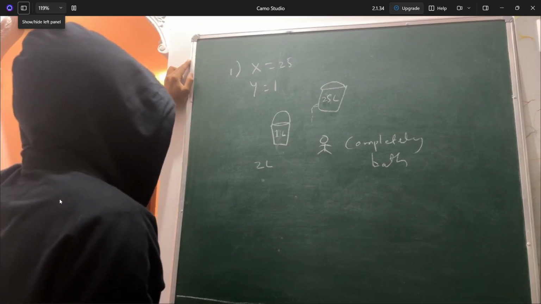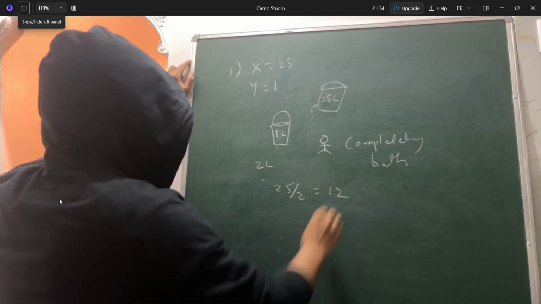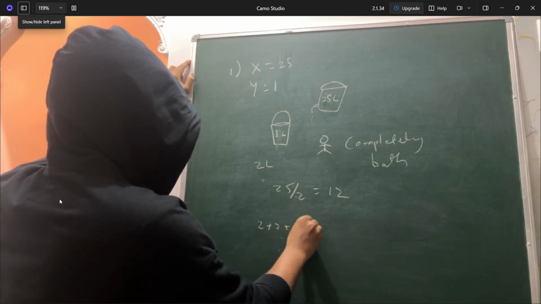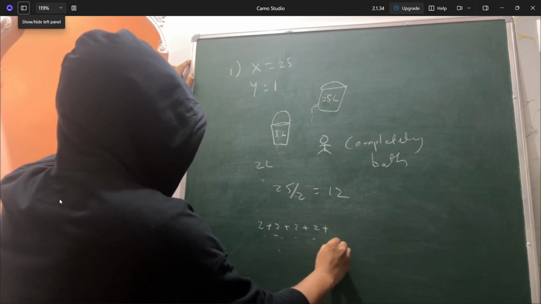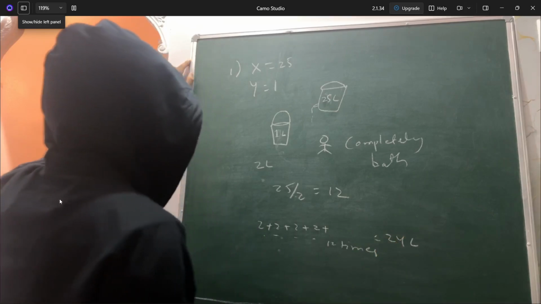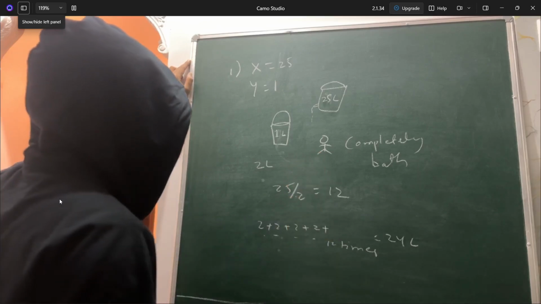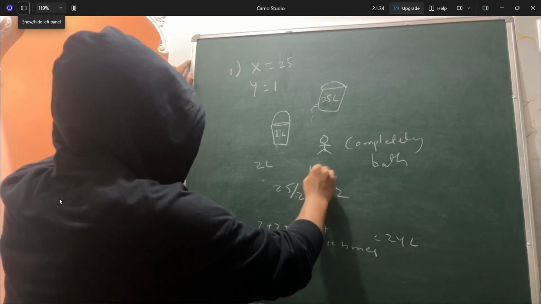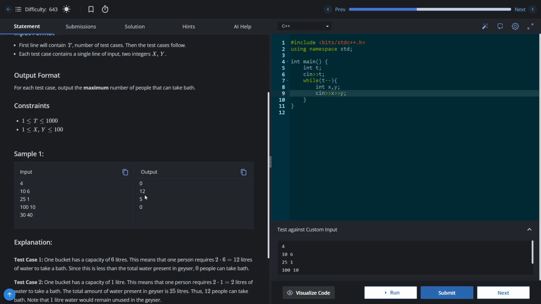If you divide 25 by 2, this will give you 12. So how many people will be able to bathe? Basically 2 plus 2 plus 2 plus 2 and so on till 12 times, this will give you 24 liters and 1 liter will be remaining, and with that 1 liter a person cannot completely bathe. So in this case our answer is 12 people, which is the answer here.